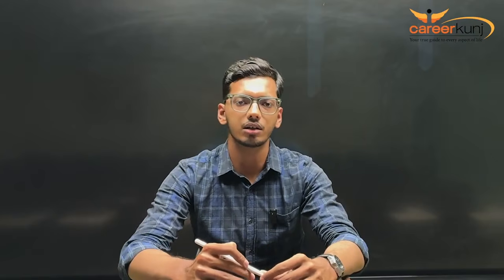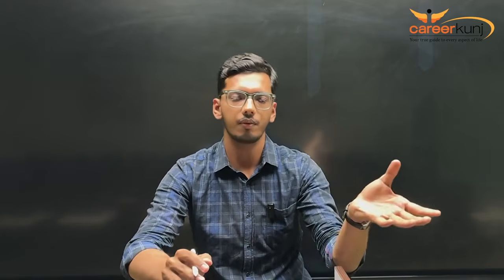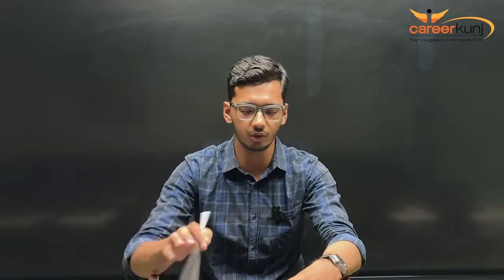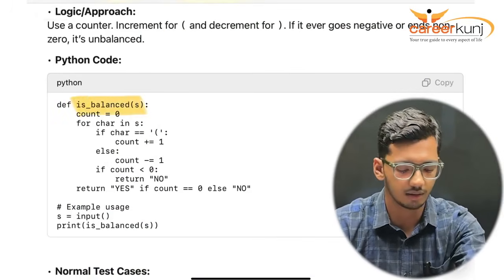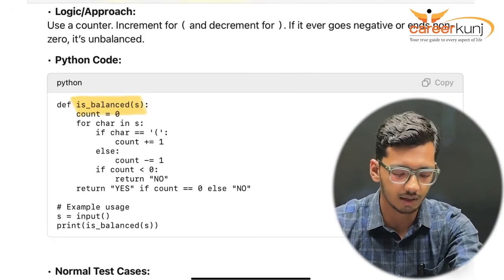Whenever I see a closing bracket, I subtract 1 from my variable. At the end, if it is balanced, the value will be 0, right? That means we have increased and decreased the same number of times, so it should be 0. In case the value is not 0, it is not balanced and we will print no. Now coming to the code, first I have defined is balanced, which is what I will be printing in the output. Initially I am setting count as 0.